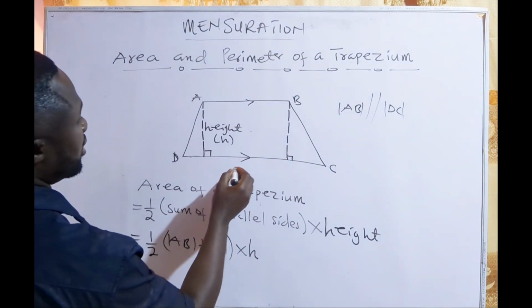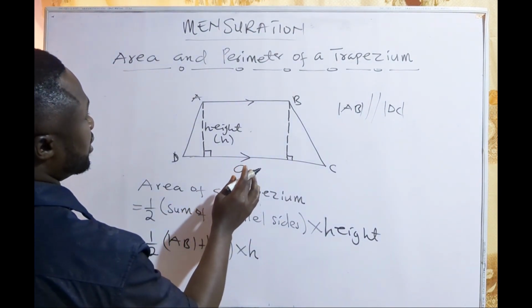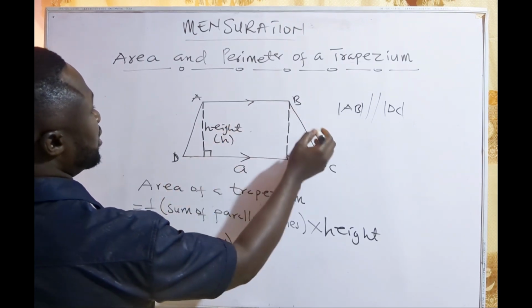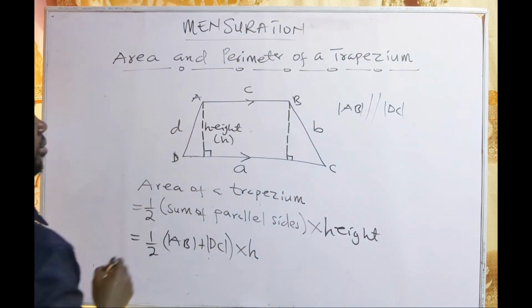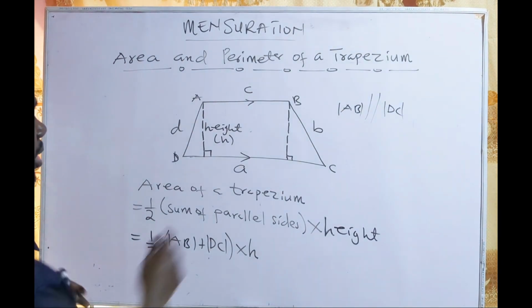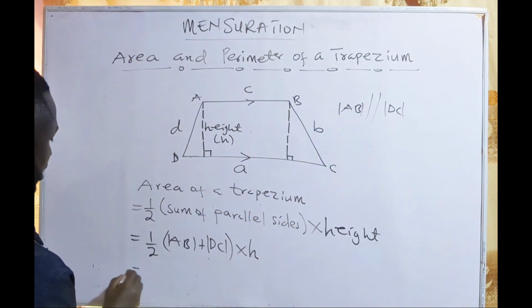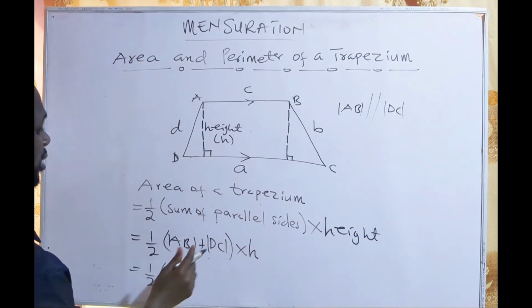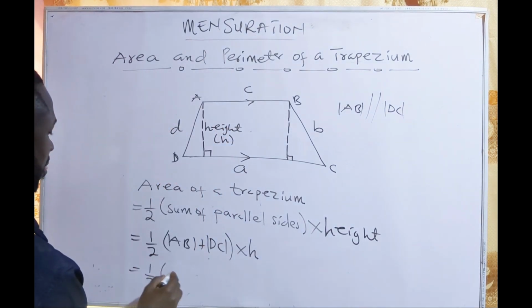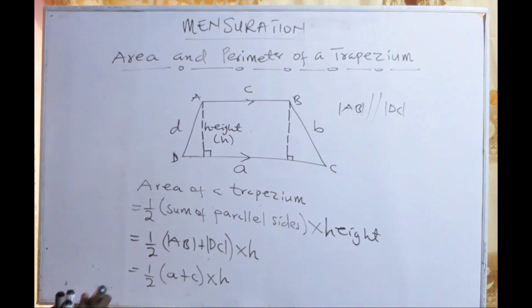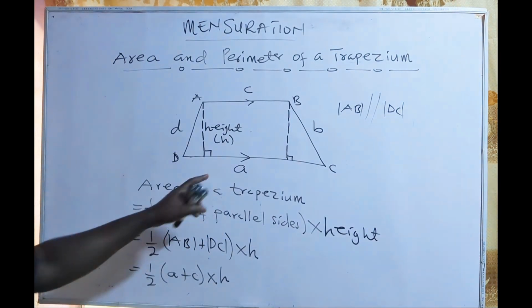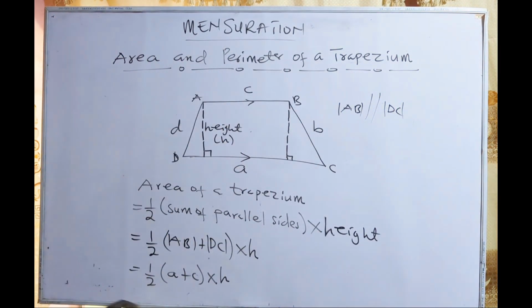So let's assume that if here is A, here is, let's say, B, C, and then D. We have to label all the parts A, B, C, and D. Then here we can have half times the sum of the parallel sides A plus C, times the height H. That is what we are talking about. So that is the area.